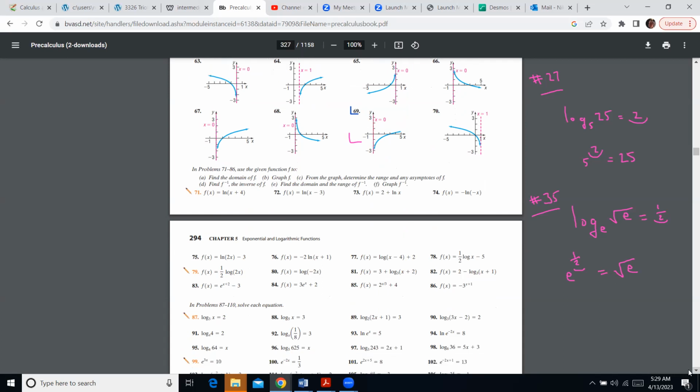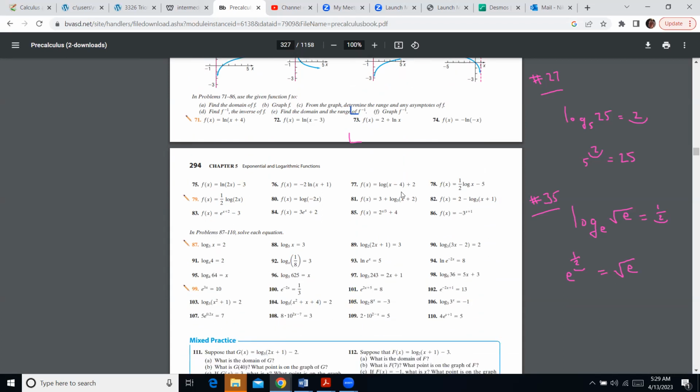There are some more little exercises here at the end of this page, like problem number 95, and they're all of the same type. They all want you to make that logarithm sign go away.